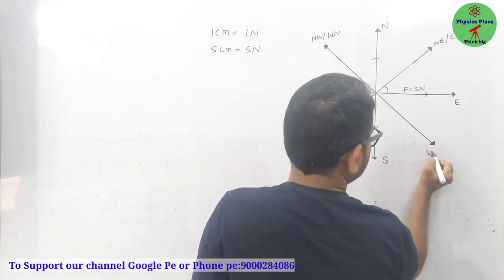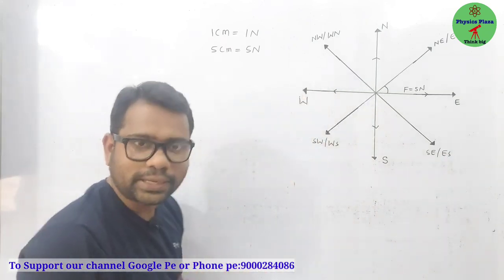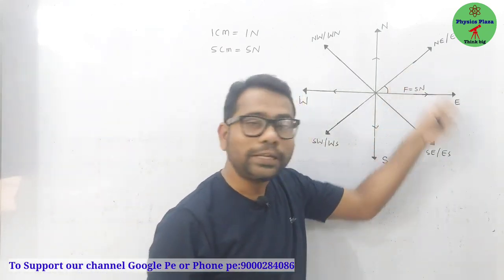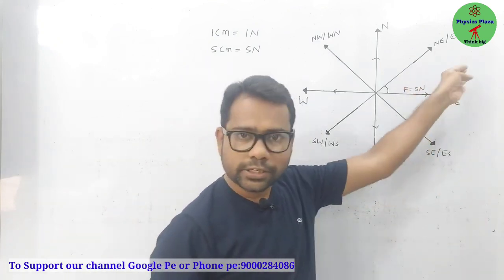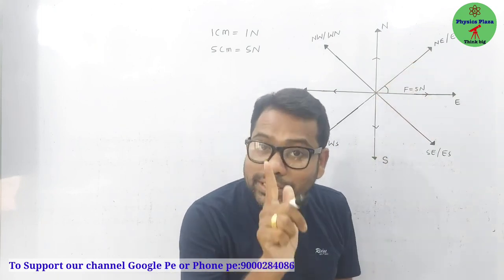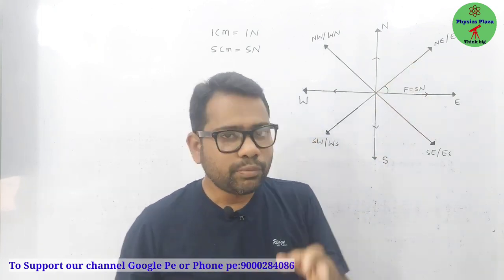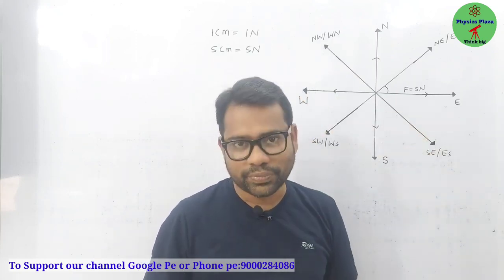This can be southeast or east south. On what basis do we write either northeast or east north? You may get one doubt, sir, both represent the same one, right? Yes, it represents the same, but direction is very important. Are we moving from north to east or east to north is very important.